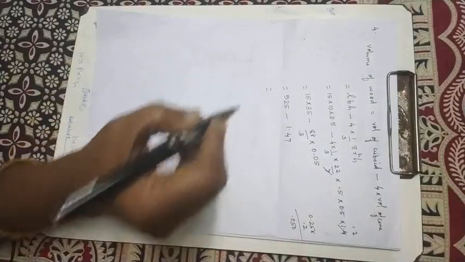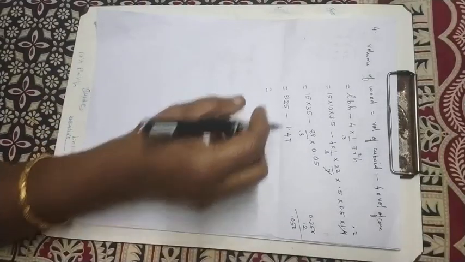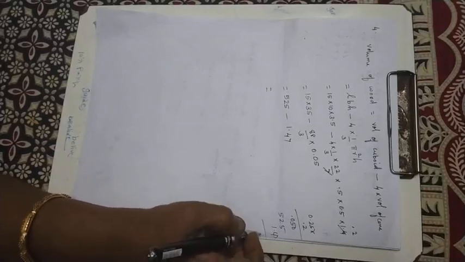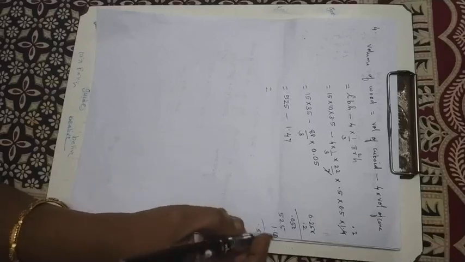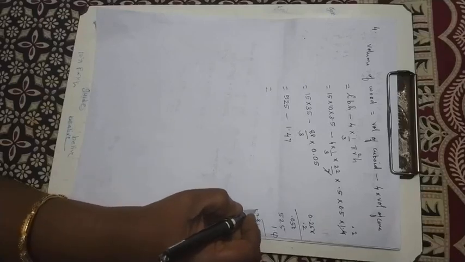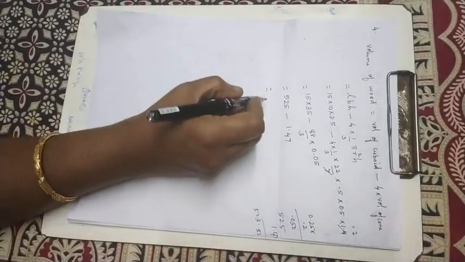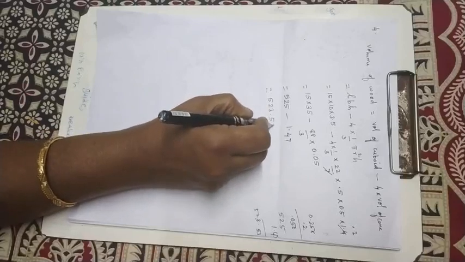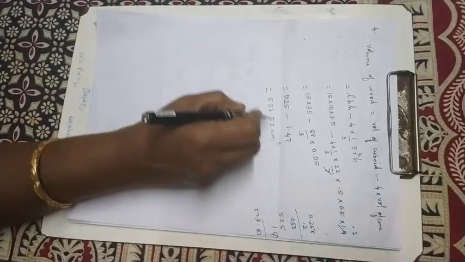Then 525 minus 1.47, so it will be 523.53 centimeter cube. So volume of wood is equal to 523.53 centimeter cube.